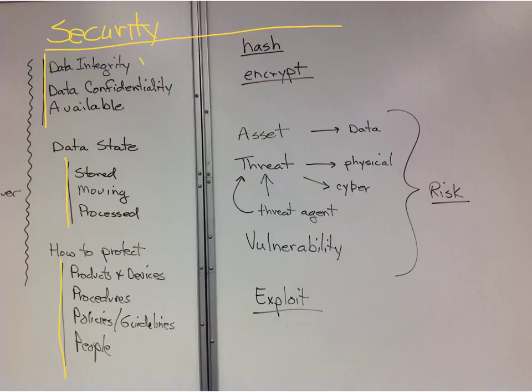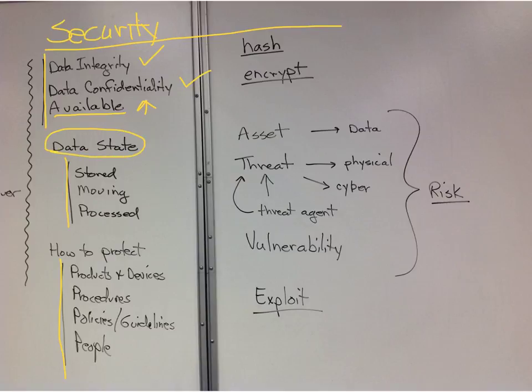Data integrity talks about whether the data is accurate, has the data retained its accuracy. Confidentiality is who can see the data. And then we talked about we have to make data available, so we need to take care of both of those.